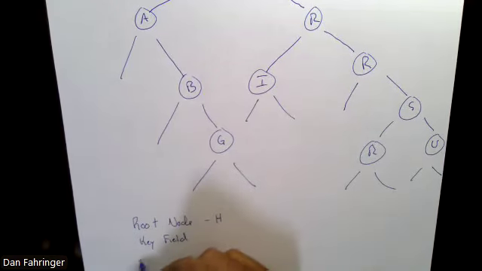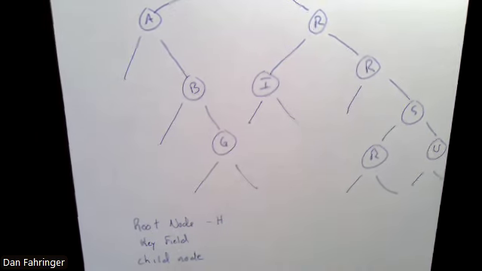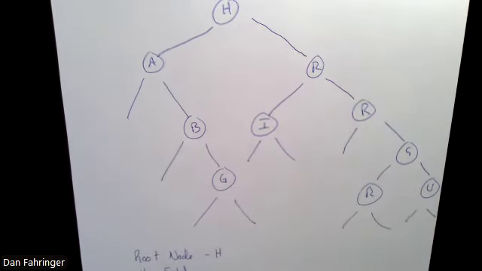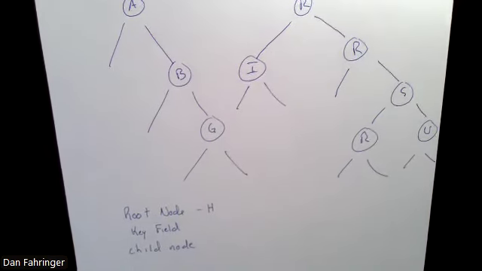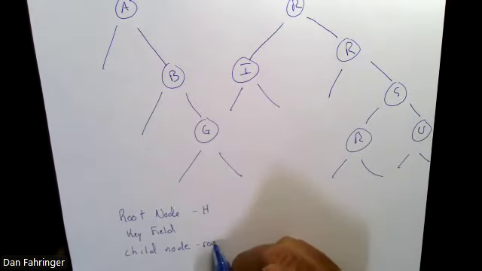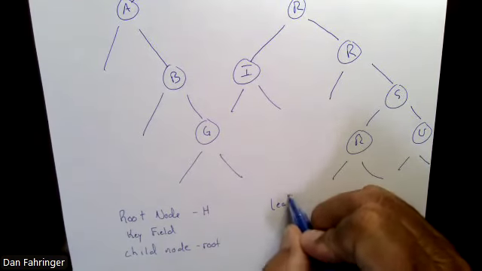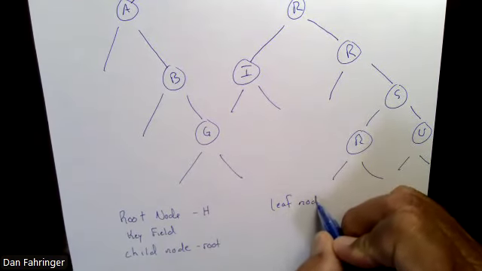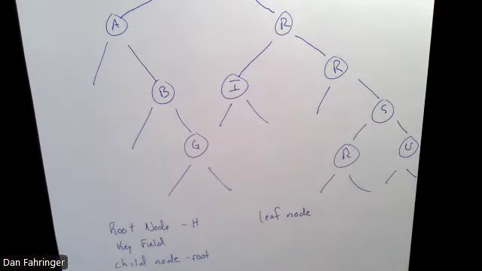We have child nodes. Are there any that are not child nodes? The root. Yeah, the root. Good. Along with child nodes, we have leaf nodes. How many leaf nodes do we have?